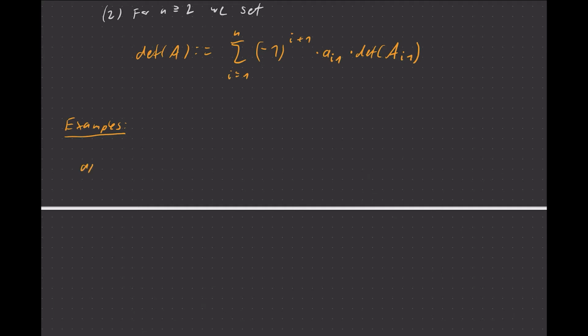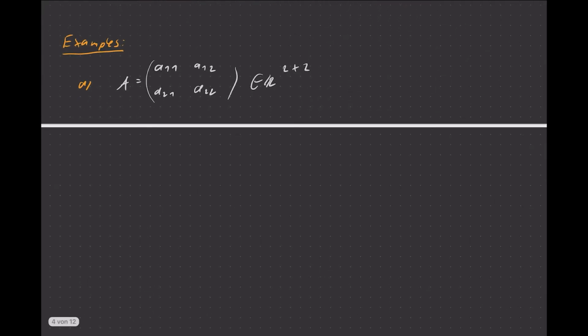First example, let's revisit our 2 by 2 matrix first to see that this actually does the right thing. So remember, this was our general 2 by 2 matrix. And we want to determine the determinant of A. Then we have to determine the cofactors first.